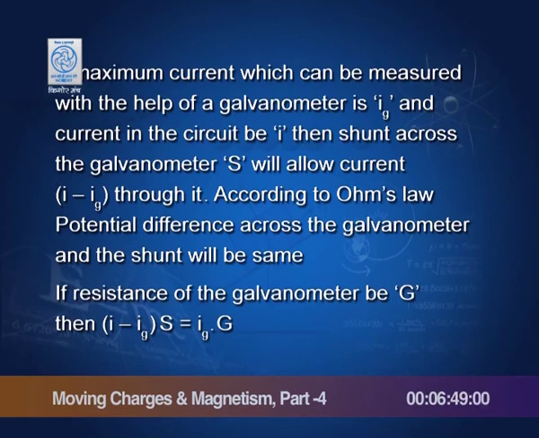If the resistance of the galvanometer is G, then (I minus Ig) times S equals Ig times G. This is the relation we obtained using Ohm's law. From here, the value of shunt S equals Ig times G divided by (I minus Ig).